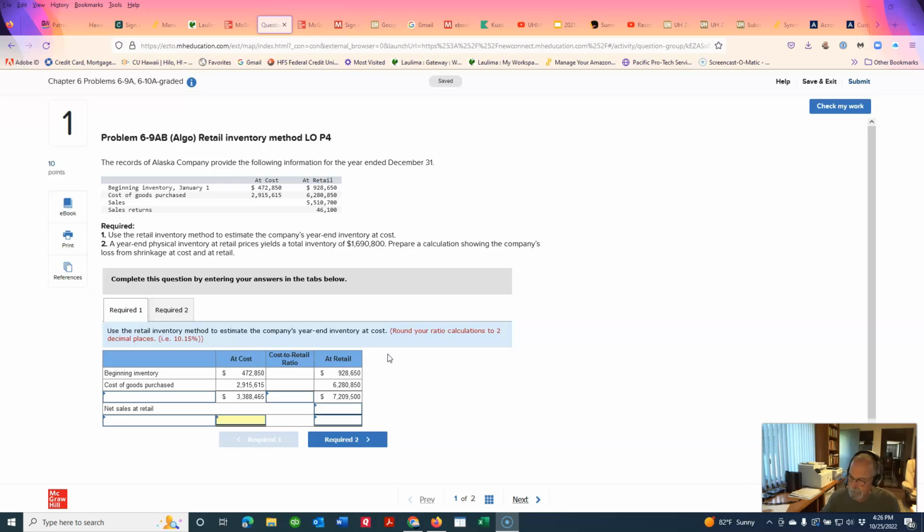And so I think probably the best way to get started on 6-9 is to go to the textbook. I'm not sure of the page number in the ebook, but in the print book it is page 236, Appendix 6B, Inventory Estimation Methods.